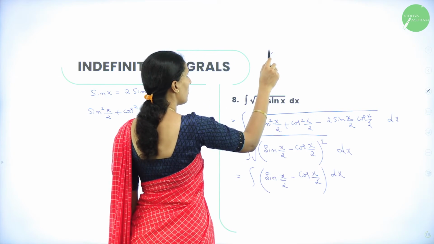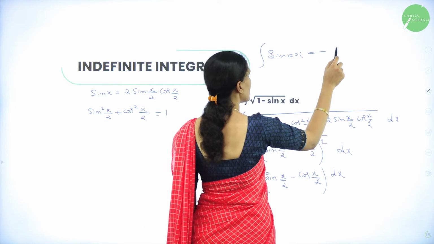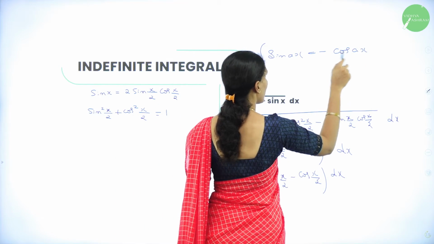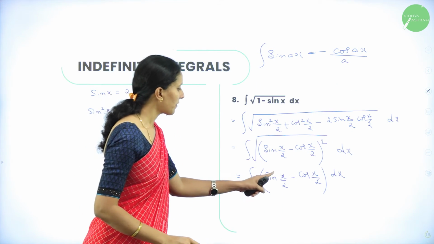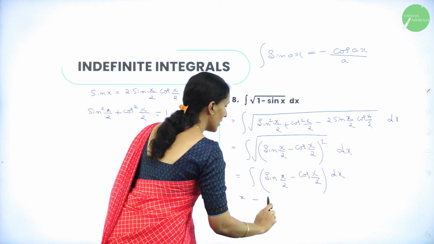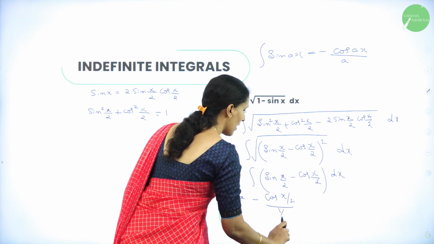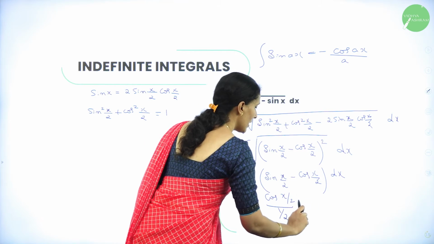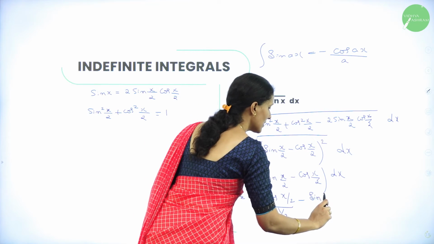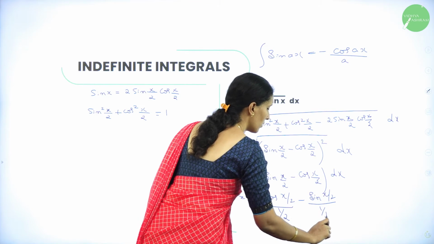Now this is in the form of sin ax. So integral of sin ax is minus cos ax by a. So the value of a is here half. So here this becomes minus cos x by 2 by a is half. And here minus integration of cos is sine divided by a. So value of a is 2.